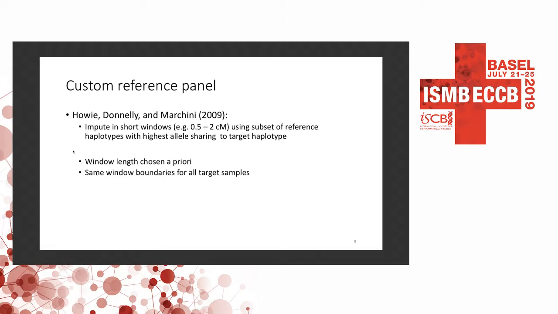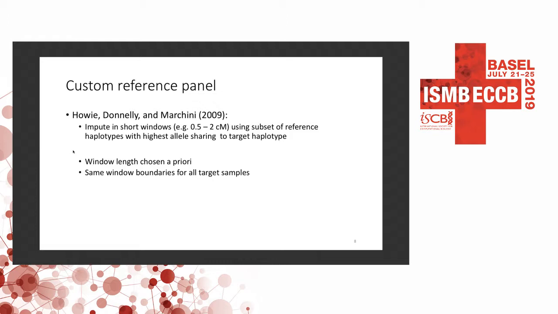And so they share a long segment identical by descent, but you can't see that anymore. You've got tunnel vision, and you're looking at just that small couple of centimorgan or half a centimorgan region, and you no longer are able to use the information that they actually share a 10 or a 20 centimorgan long IBD segment.